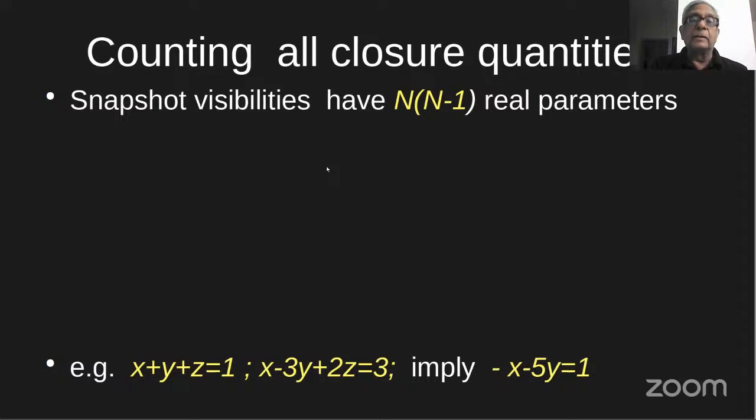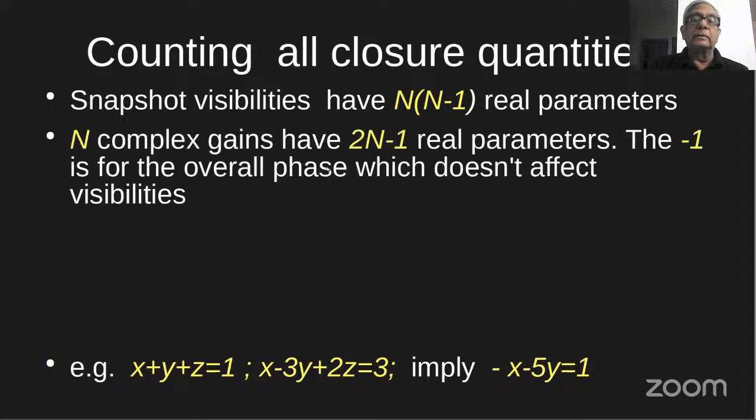However, the true visibilities are related to the measured visibilities in a way that we will write down very soon, and they have been corrupted by n complex gains. That should have been 2n real parameters, but I've removed one.